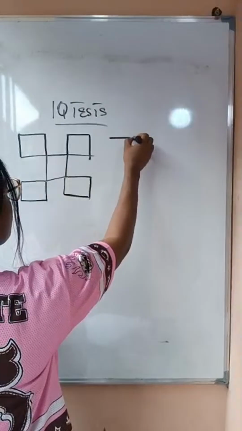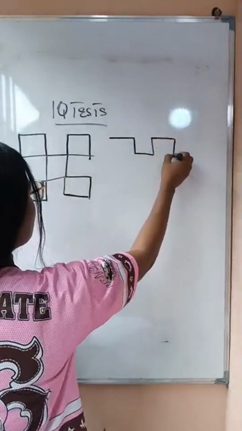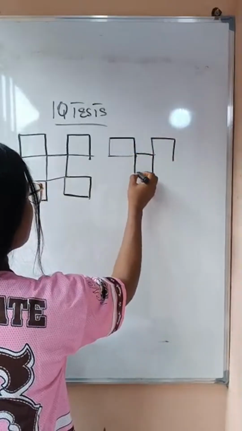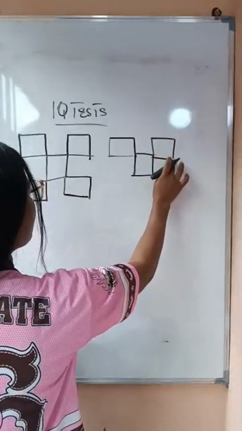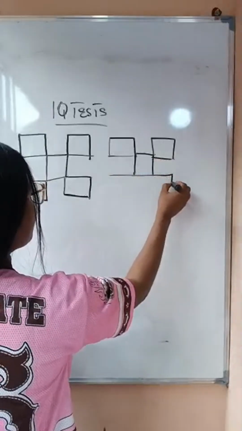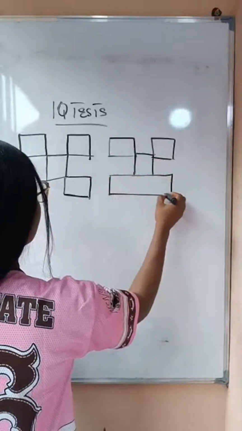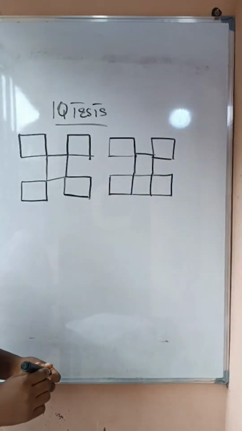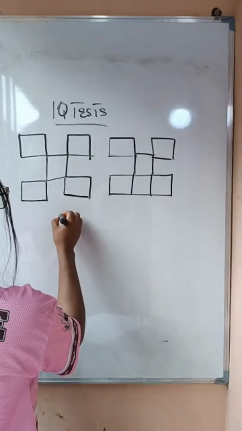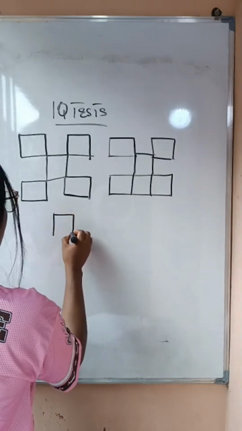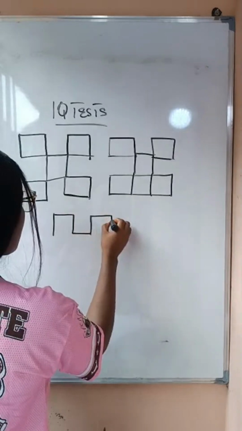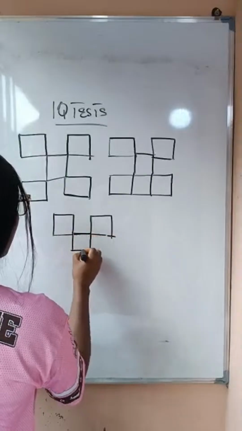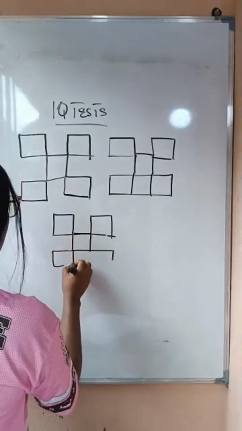we have another one. Then we have the third one. And in this third one, we have this.